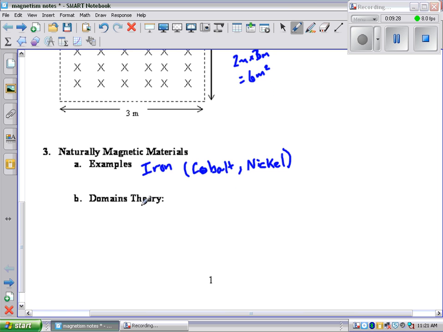And it's a thing called the domains theory. The idea is that iron is made up of tiny magnets called domains.